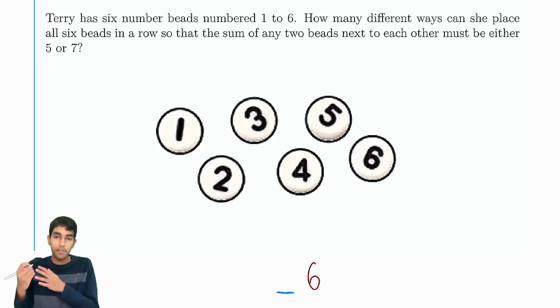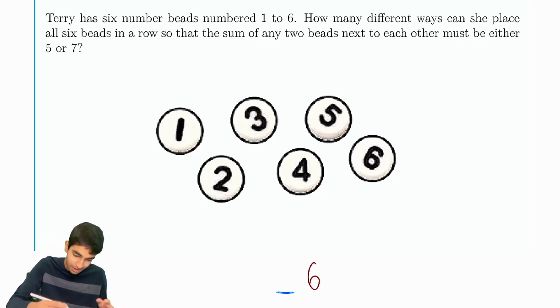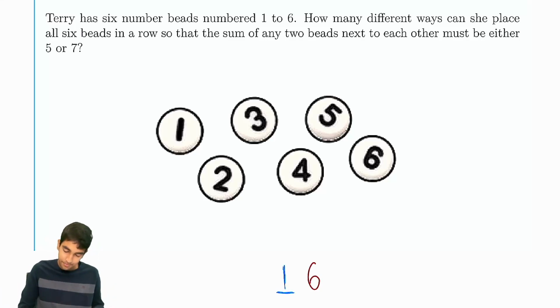Well, clearly the sum of 6 plus this number can't be 5. It has to be 1. Are there any other numbers that could be next to 6 besides 1? No, because any other number, for example 2, would produce a sum 6 plus 2, 8, too big. So only 1 can be next to 6.